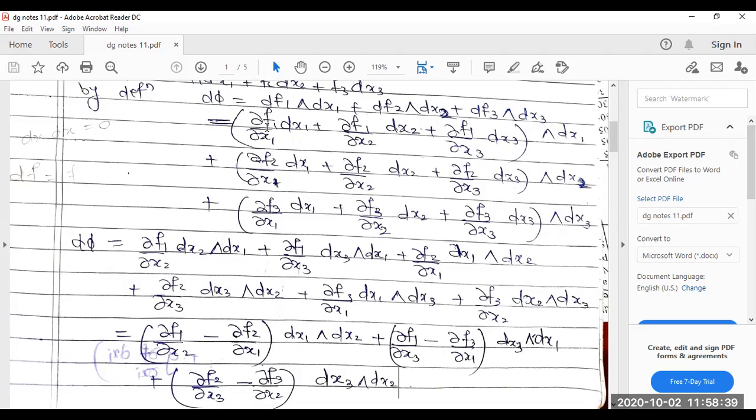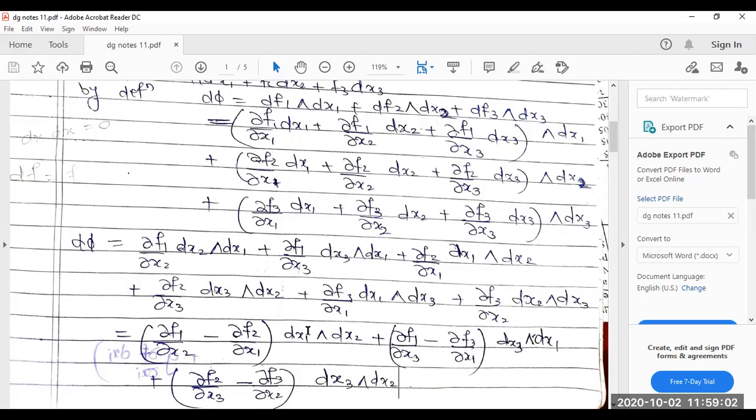So imagine that instead of having f1 here, we have this whole term. Here we have dx1, and here also we have dx1 wedge product with dx2. Hence the first term should be 0. Similarly, we can work for the second term. Again, the second term will be equal to 0 because dx2 wedge product with dx2 is 0.